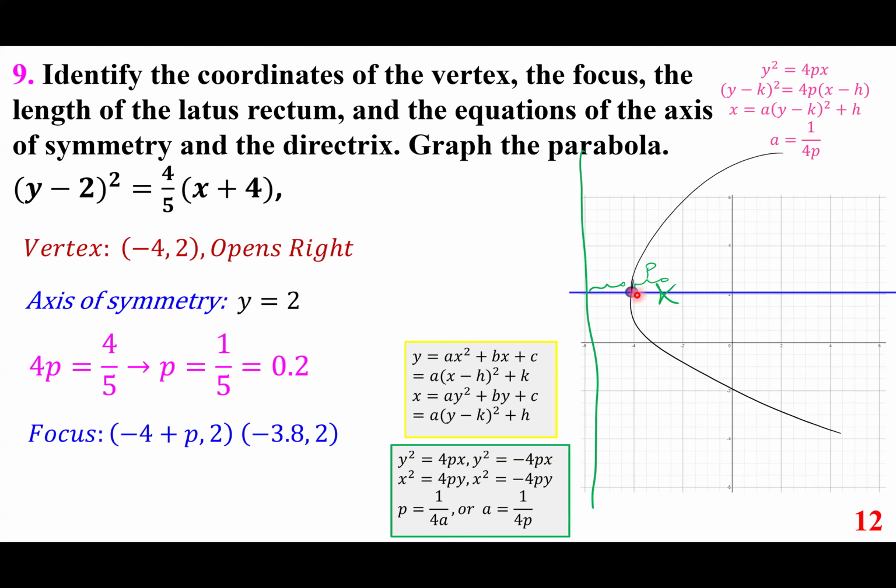And for the directrix, it is a vertical line, x equals some number. What is the x coordinate of the vertex? -4. Go p to the left, that means subtract p, 0.2, from that, and that gives you x equals -4 minus p, or minus 0.2. There you have it.